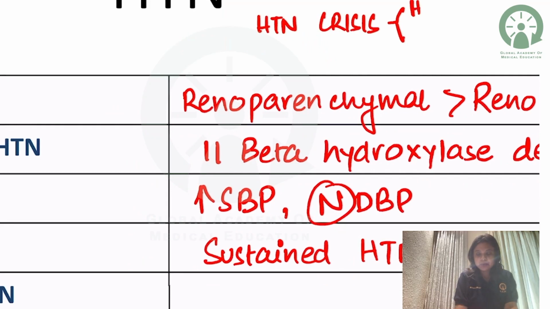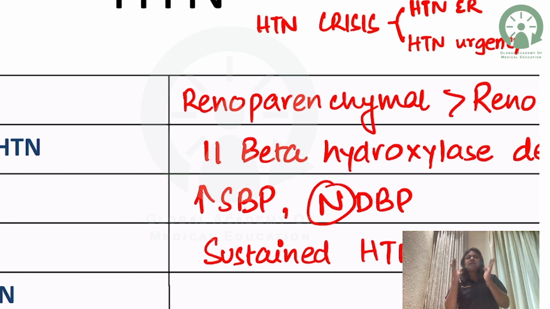Number one is the hypertensive emergency, and the other one is the hypertensive urgency. Remember, in hypertensive emergency, E for E, there is going to be end organ damage.